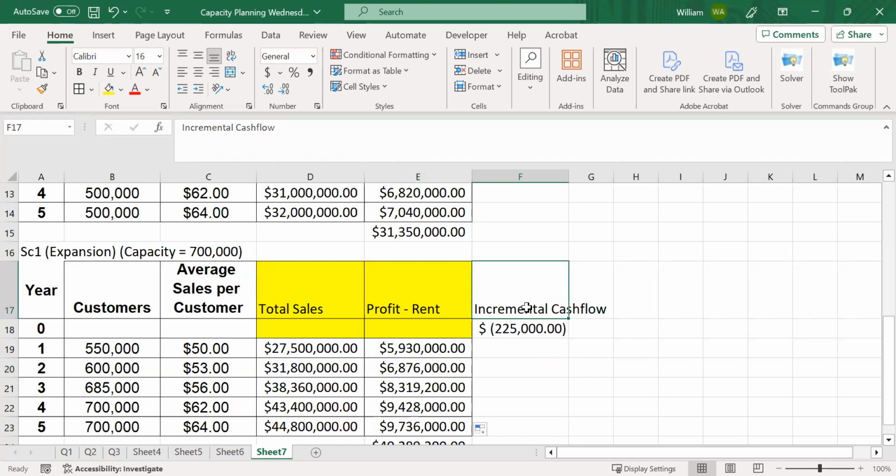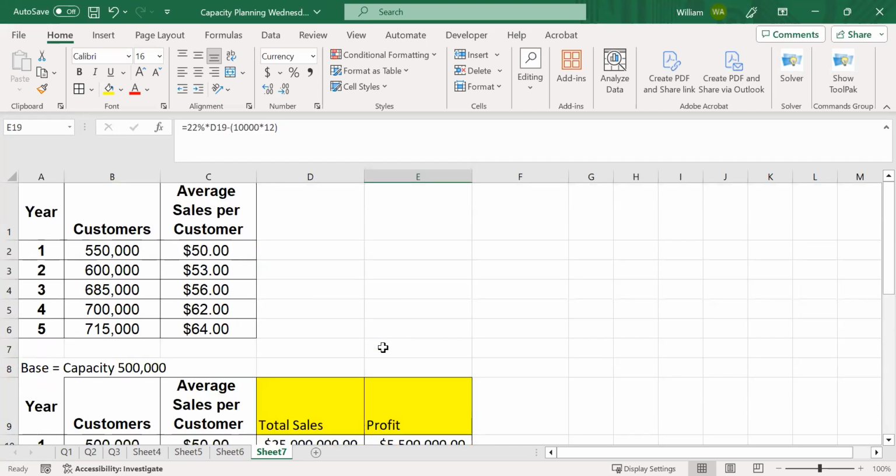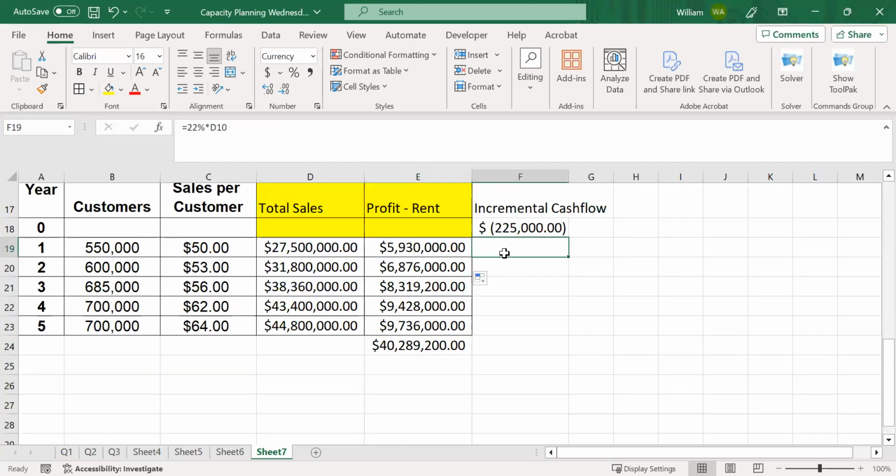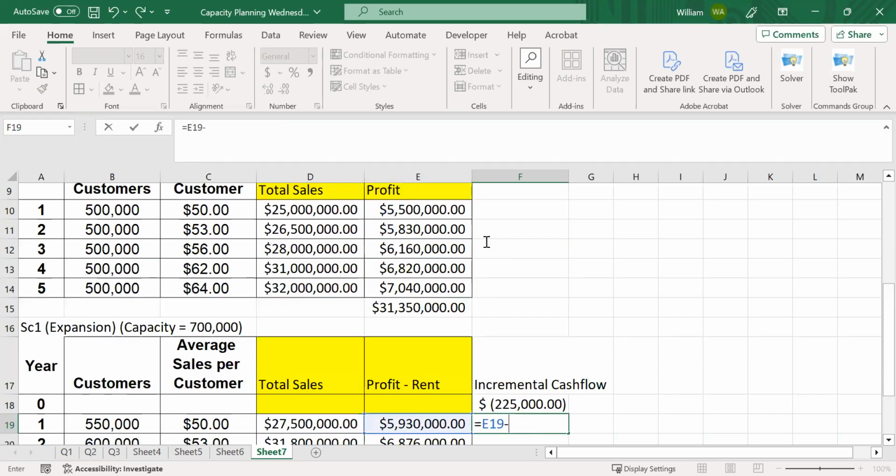Now, your incremental cash flow is the difference between how much you make in profit here versus how much you would have made in the base scenario. So the difference in profit for year 1 is this 5.9 million minus the base profit, which was 5.5 million.